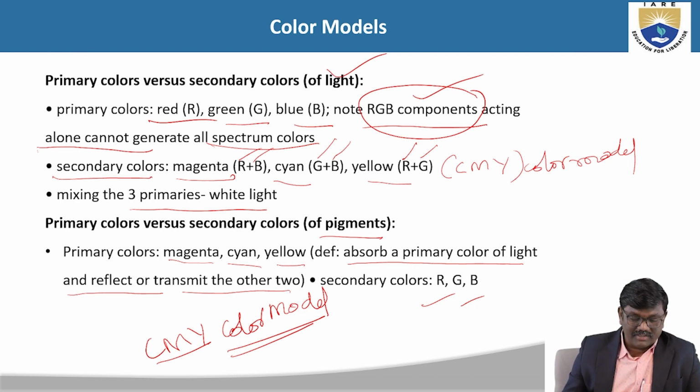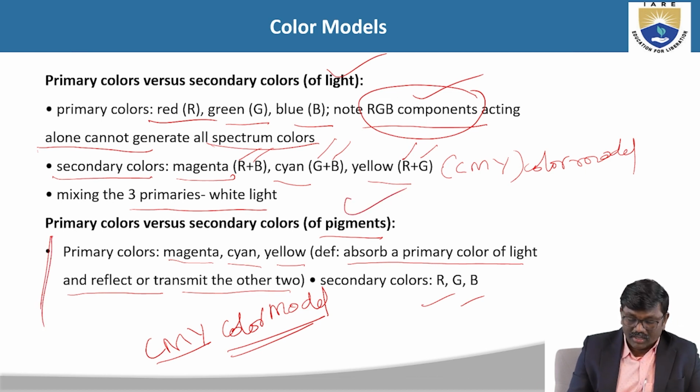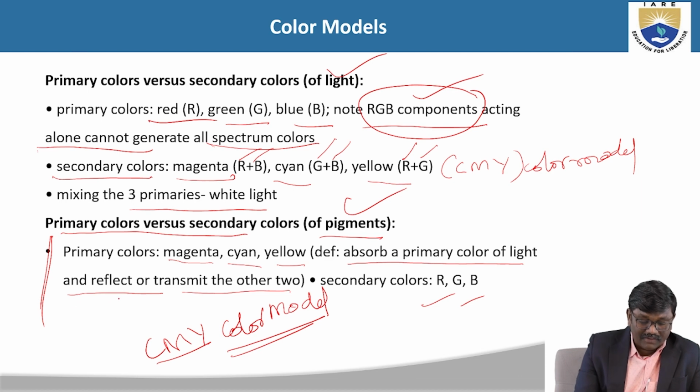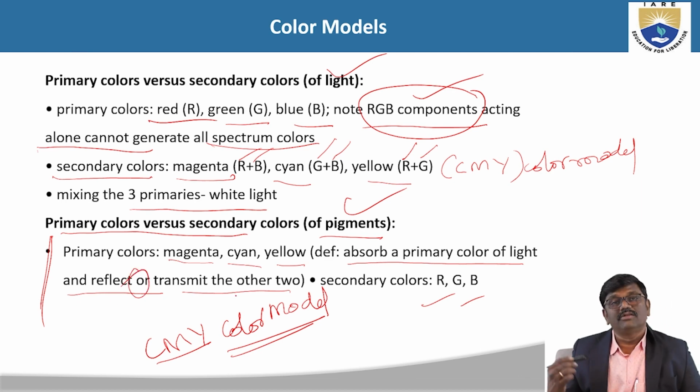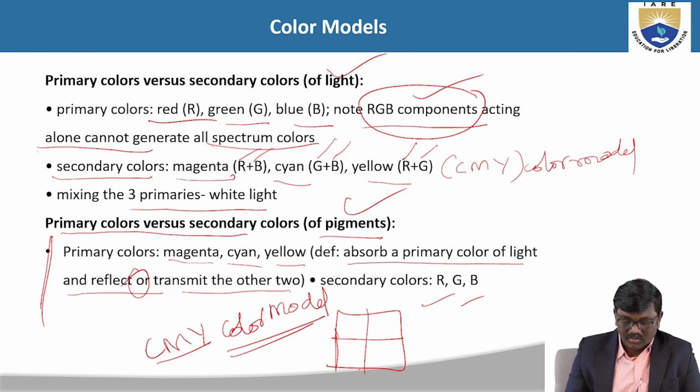So what do you want to understand from here in terms of pigments? You are observing primary versus secondary colors that absorb a primary color of light and reflect or transmit the other two. Suppose your image is right now RGB.